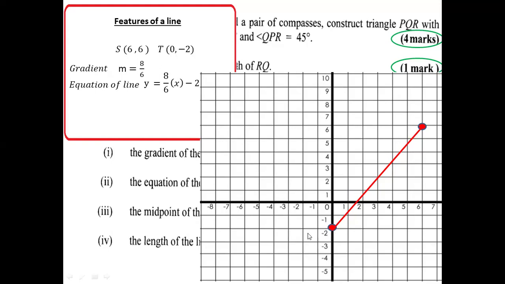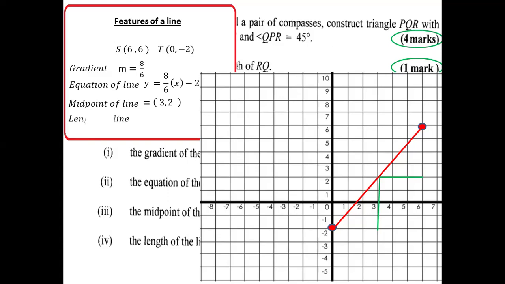So when you draw a line and you see the y-intercept there, you just put the gradient in its place and the y-intercept at the end there. And that's the equation of the line, even without working out anything with the formula. The midpoint of the line now is just simply halfway the run and halfway the rise. And that point is 3, 2 there.